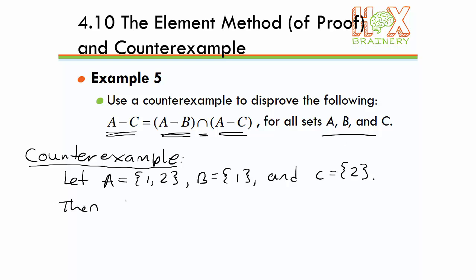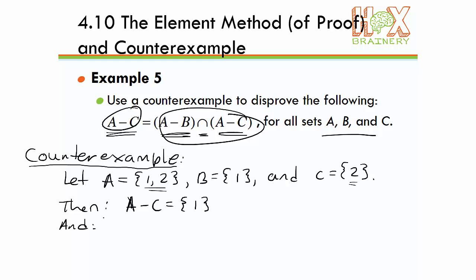Then the set difference between A and C, this part here, would be the set containing just the number 1. If you're looking at these and doing the set difference, you just get 1 as your element in the set. And now let's look at this part here.